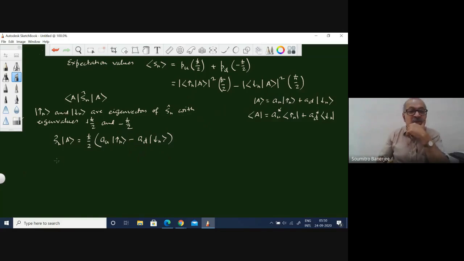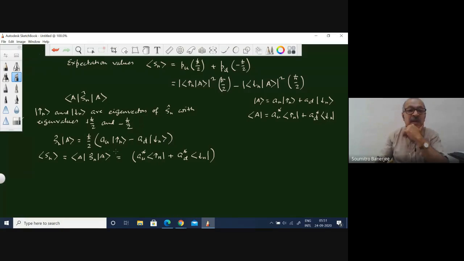And so the Sn expectation value is bra A, Sn operating on ket A. Now A bra is this, so it is A up star bra up n plus A down star bra down n. This is the bra part, and the ket part is this.